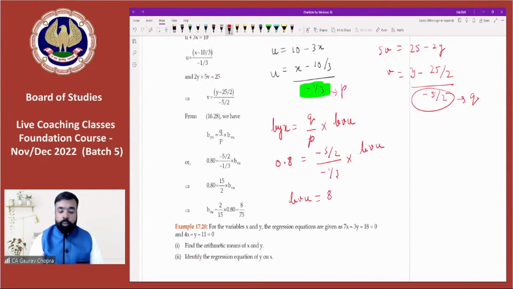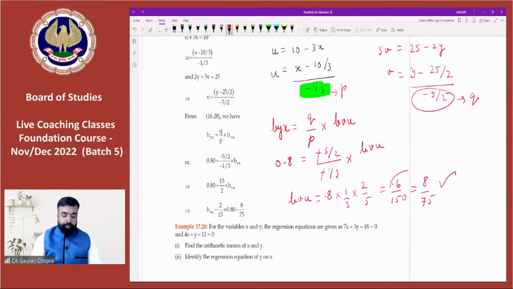So it will be 0.8, minus minus will get cancelled, into 1 by 3 and then into 2 by 5. So 1.6 upon 15, and if you remove the decimal, you will get 8 upon 75.